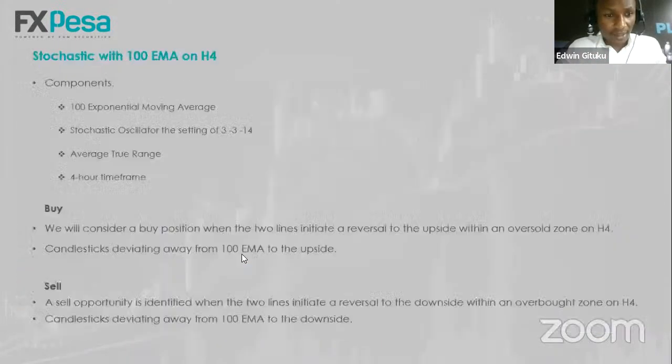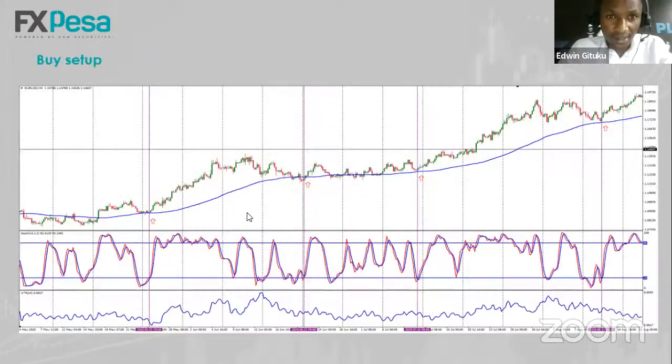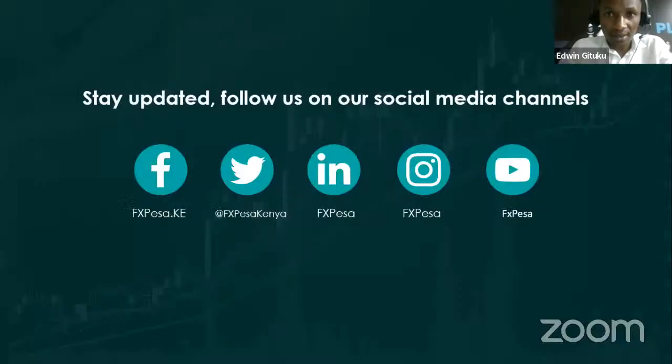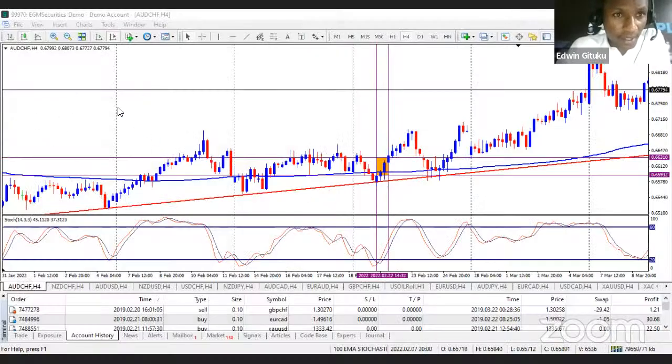Then we'll now dive into the charts to have a look at a few examples that have happened in the recent past. So in the recent past, we've had very nice setups on 3 charts, or at least I was able to identify 3 trade setups on 3 pairs.